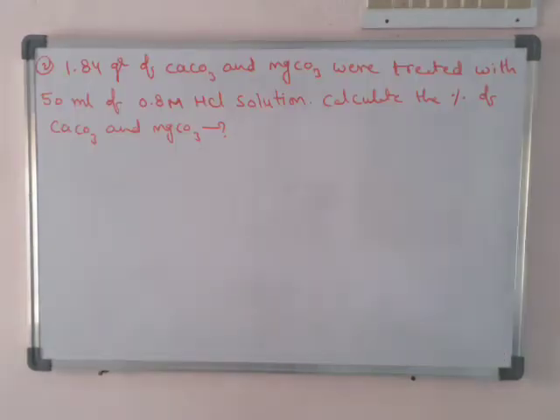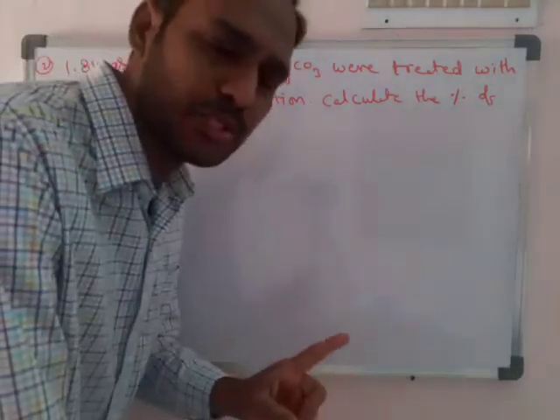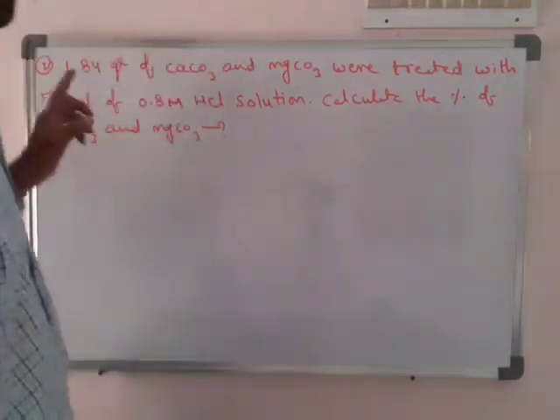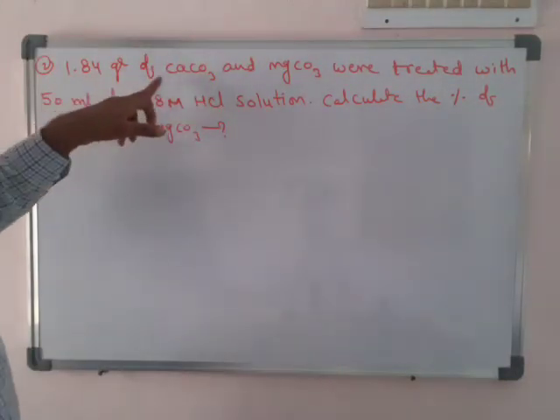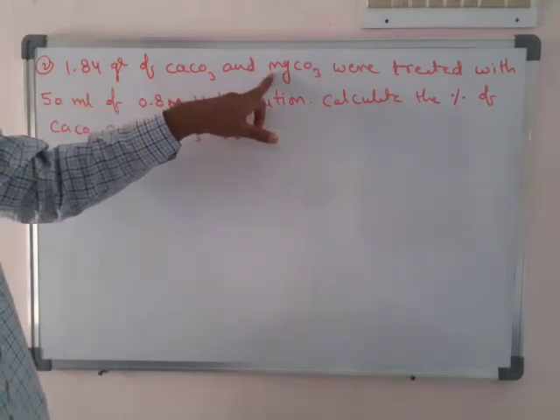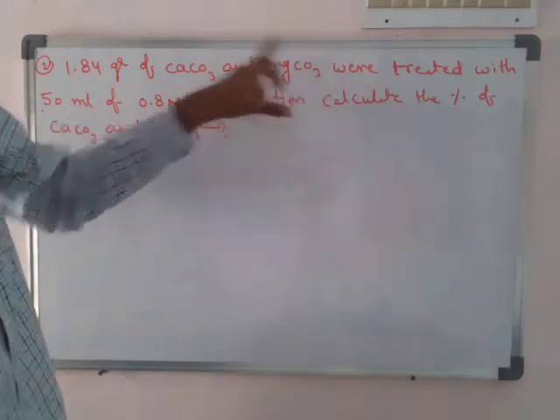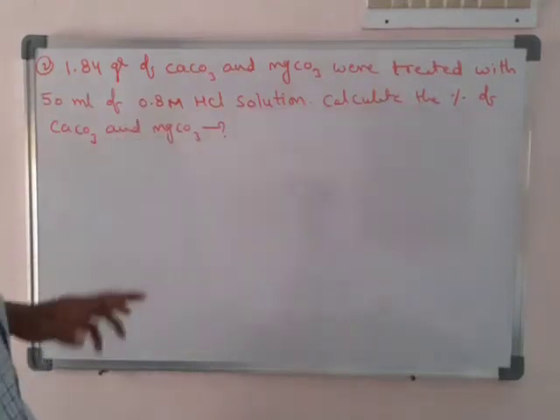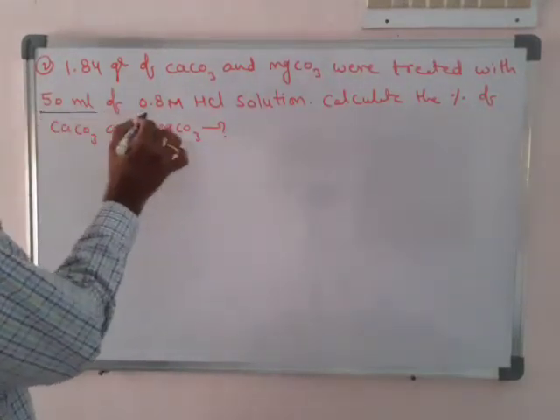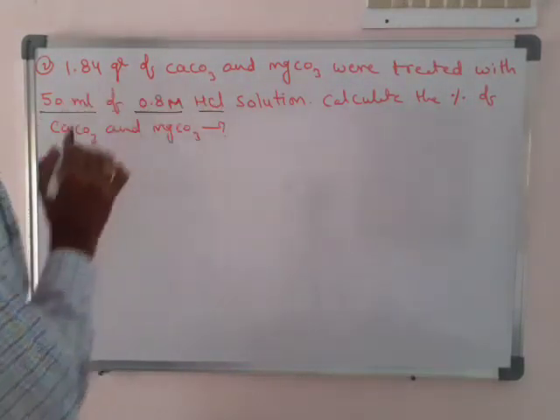Okay, see the next one. So it is also very similar to the first one. Okay, so 1.84 grams of calcium carbonate and magnesium carbonate were treated. So they are combinedly treated with 50 milliliter of 0.8 M HCl.